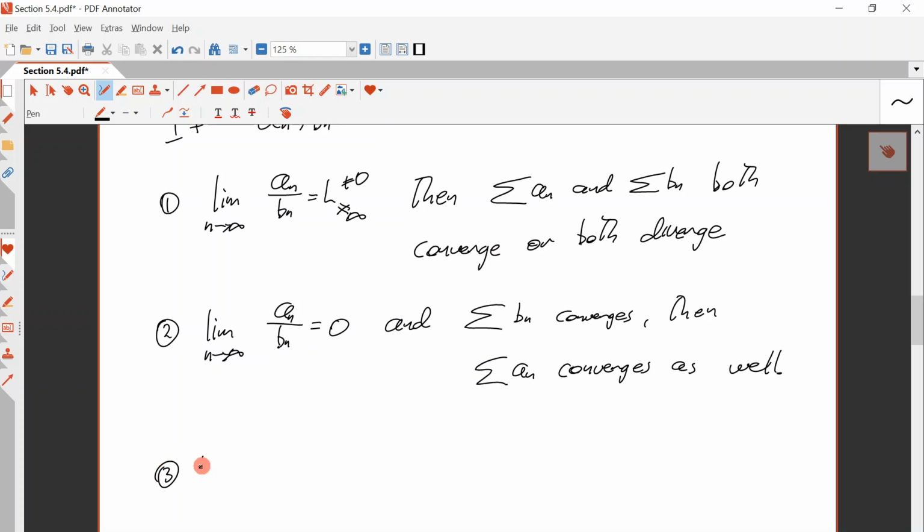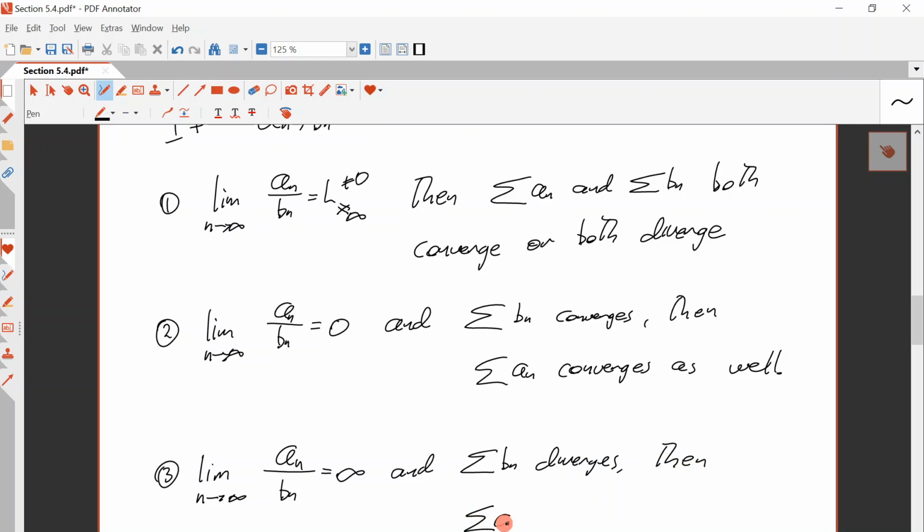Three, if the limit as n goes to infinity of an over bn is infinite, in other words, an is large compared to bn, and the smaller series bn diverges, then the sum of an diverges as well.